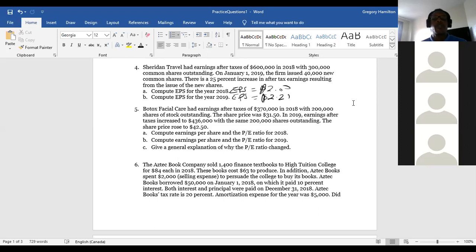Compute earnings per share and the PE ratio for 2018, and again the same thing for 2019. And then give a general explanation of why the PE ratio has changed. All right, so 5 minutes, guys. Take a shot at it.